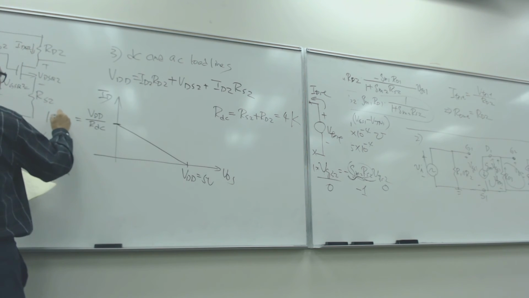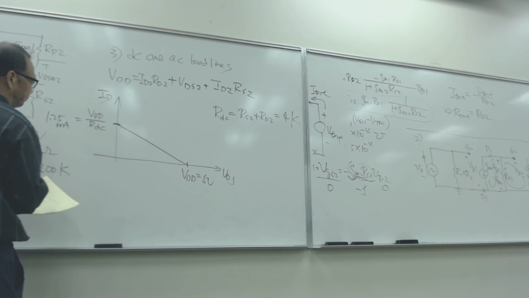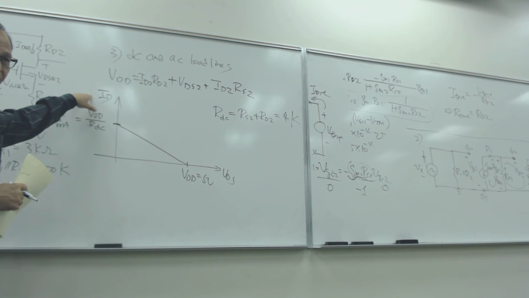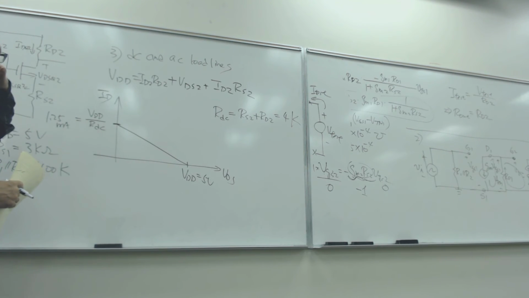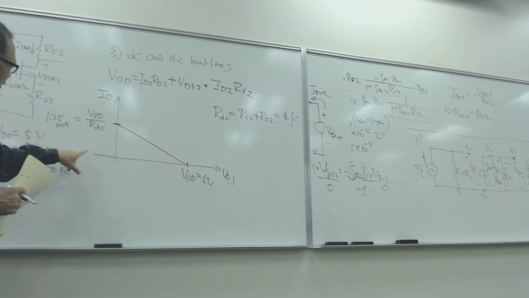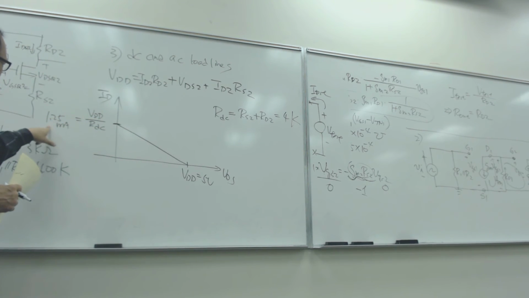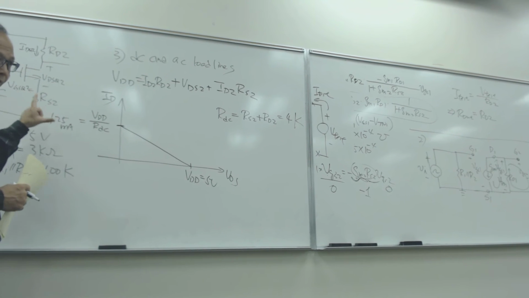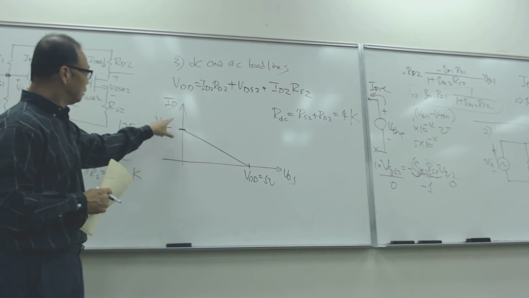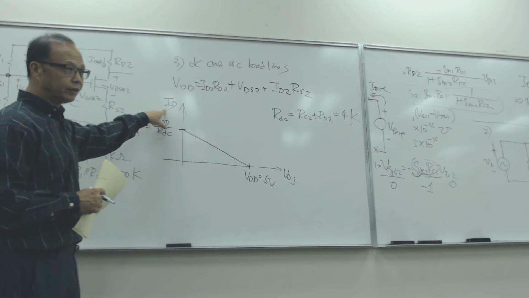So that's 1.25 mA, correct? So therefore, as far as the drain current is concerned, it must be located within the range of 0 and 1.25 mA. Okay, so that is the DC range of the drain current.